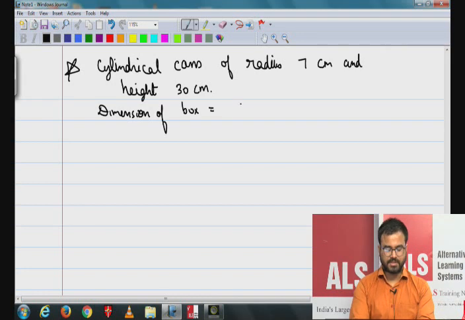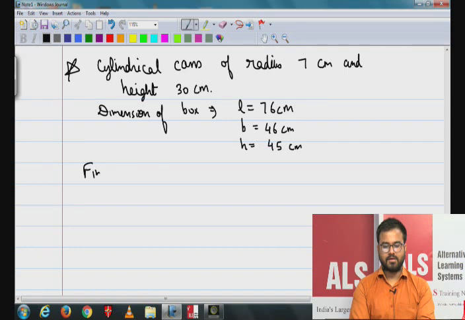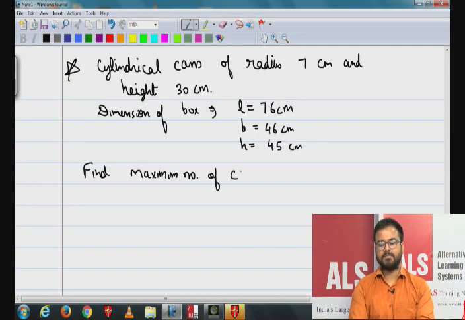Dimension of box is length is 76, breadth is 46, and height is 45 centimeter. Find maximum number of cans that can be fit in the box.